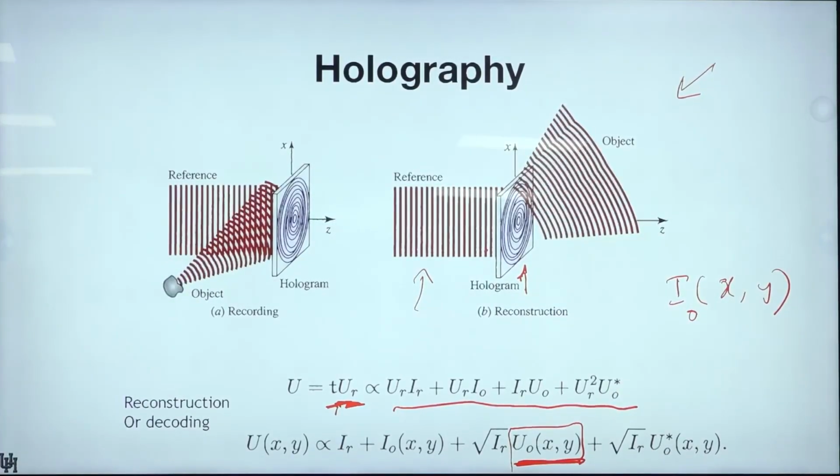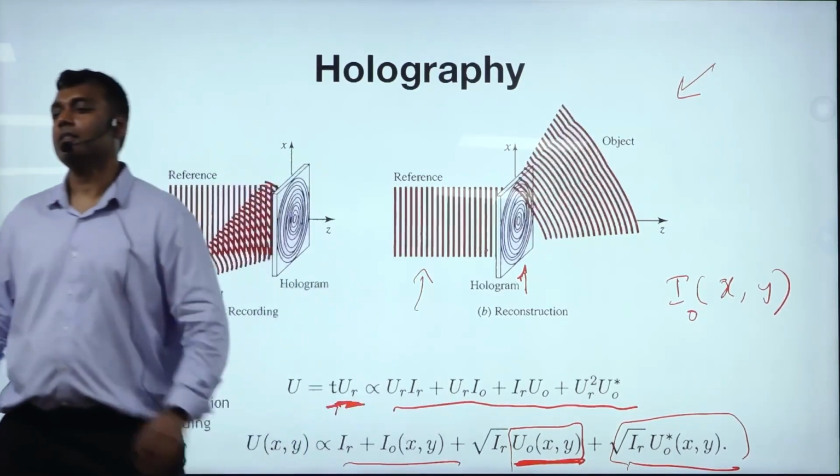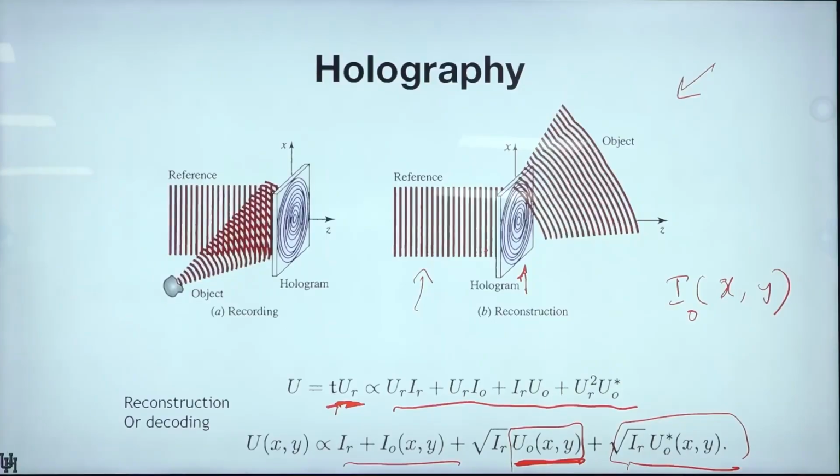But from this equation, you may have noticed something else as well. Of course, there is intensity, which is there from before. There is an extra term, which is U star, or U conjugate, the complex conjugate of U0 of x comma y. That also is there. Ideally you just want it to be U0 of x comma y and nothing else.